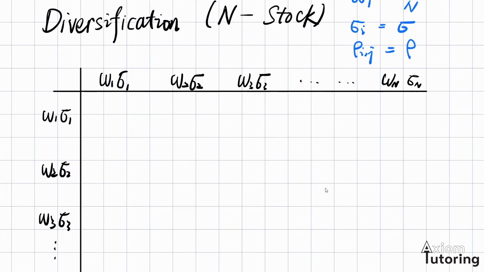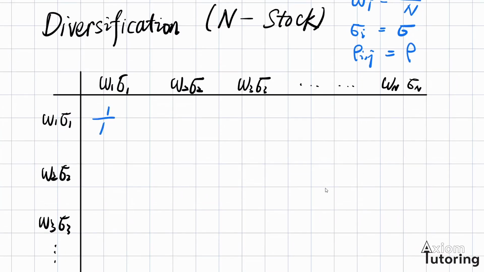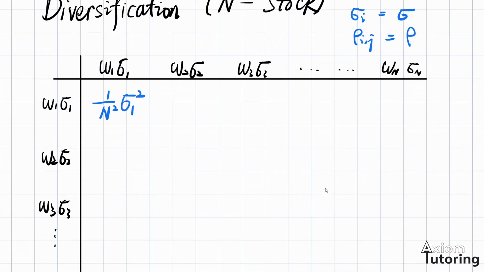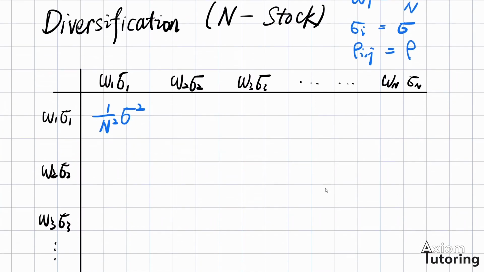Since we know the weights are the same across all the stocks, and the standard deviations for each stock are the same, we can confidently write this part as 1 over n squared because of the weights. So w1 squared, and then sigma 1 squared here. Since every stock has the same individual standard deviation, it becomes 1 over n squared times sigma squared.